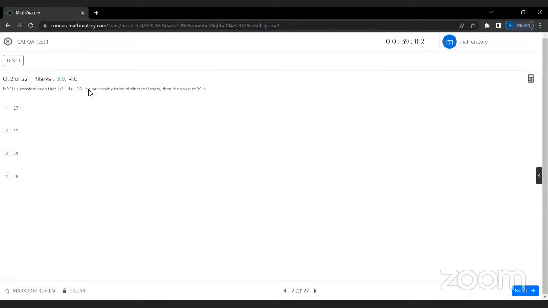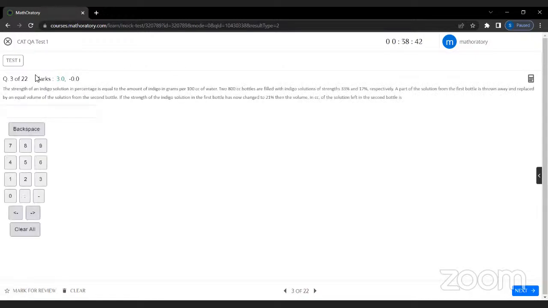Okay, if I get 17 out here, after opening the mod, I'll get plus minus 17. So minus 17 will translate to x square minus 4x plus 4 equal to 0. So that will give me a single root, x equal to 4. And the other possibility might give us 2 roots. So I'll mark 17 and mark this for review. I'll check this later on.